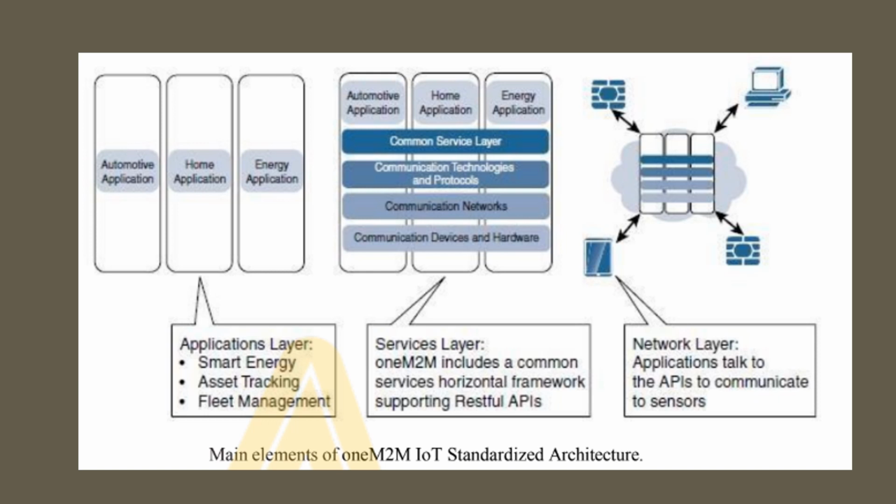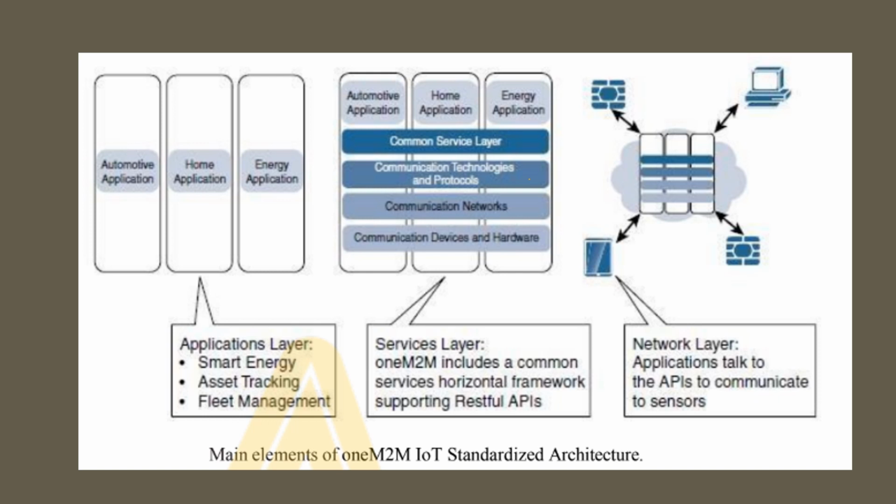This is the block diagram of main elements of the oneM2M IoT standardized architecture. As you can see, in the left corner of the slide is the application layer, in the middle is the service layer, and in the last right corner is the network layer.